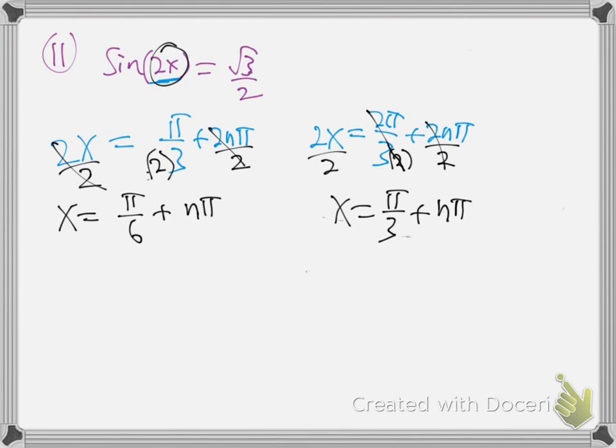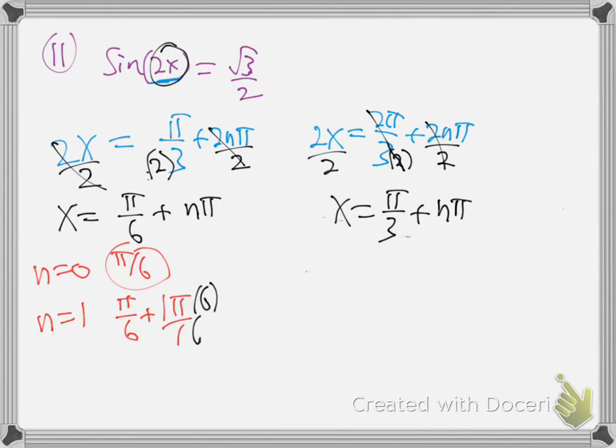Okay, so now we let n be 0, and you just get pi over 6. And n be 1, and you get pi over 6 plus 1 pi. How do I add these? Common denominator. This is over 1 right now. Multiply top and bottom by 6.